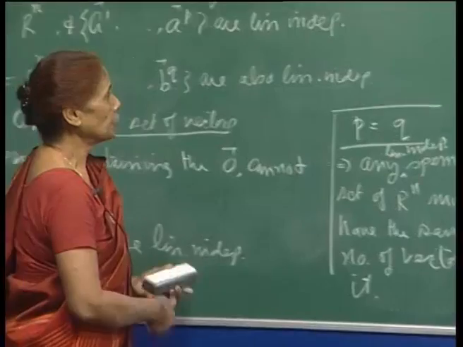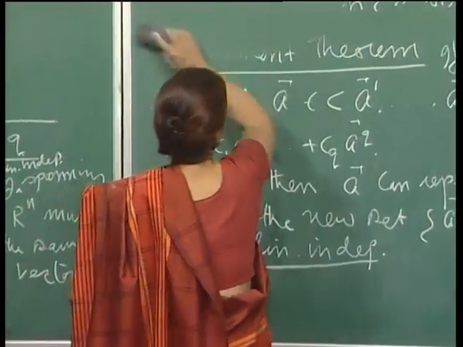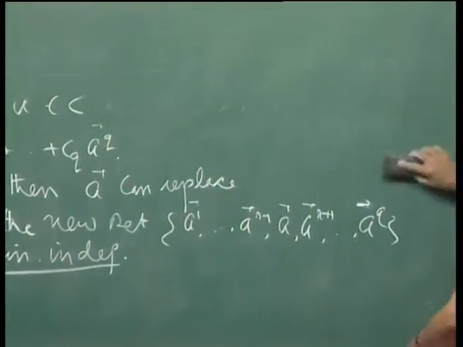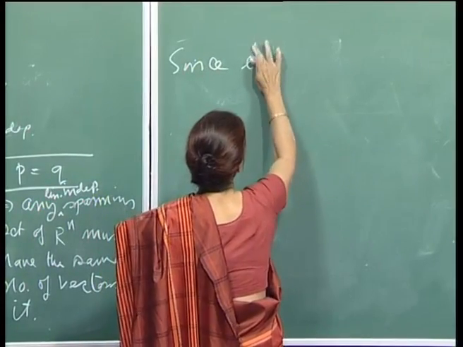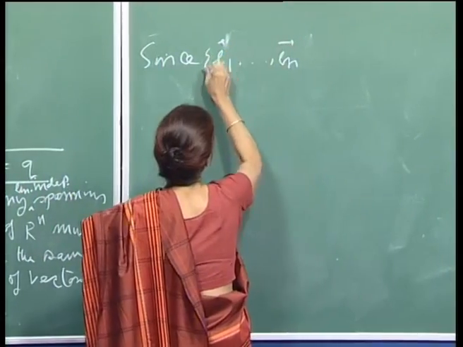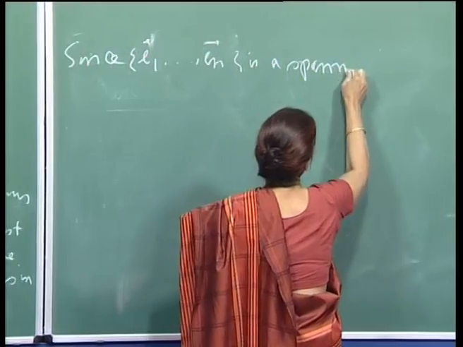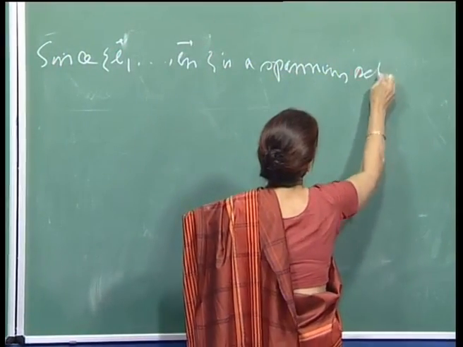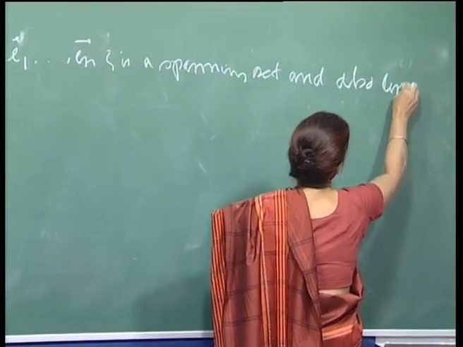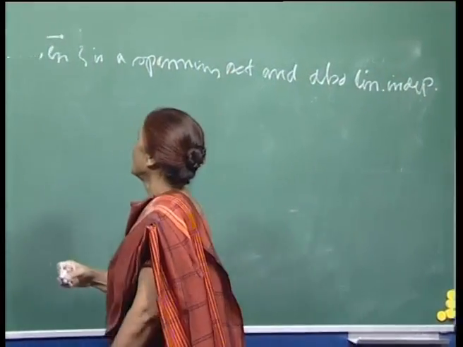And I already showed you a spanning set for R n which is also linearly independent and which has n vectors in it. E1, okay, I have been using this, E1 to En is a spanning set and also linearly independent.